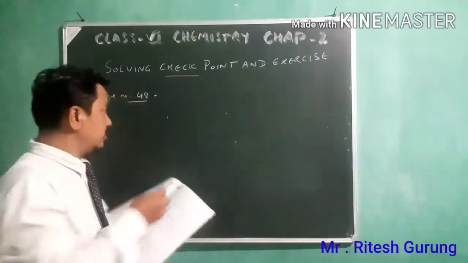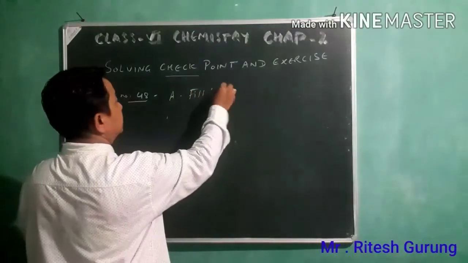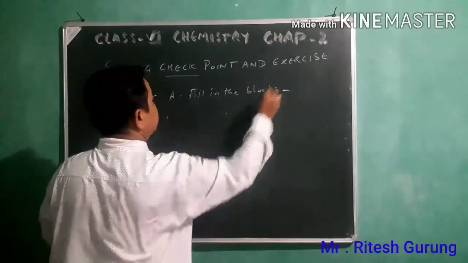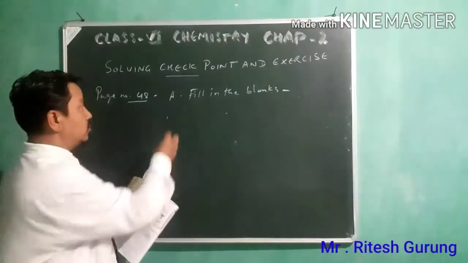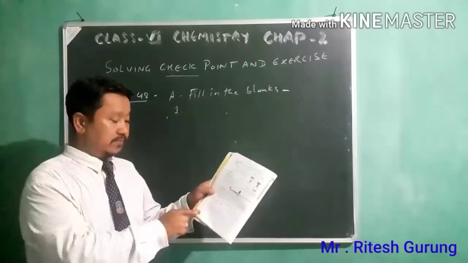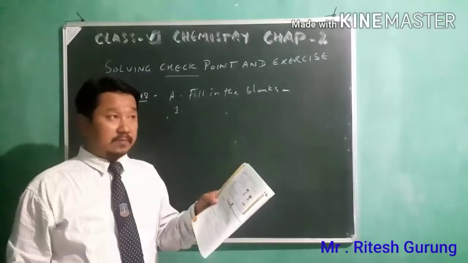Number A, what is there? Fill in the blanks. Question number 1 is there. Checkpoint, page number 48 of your book, I've told you. Number A, fill in the blanks.